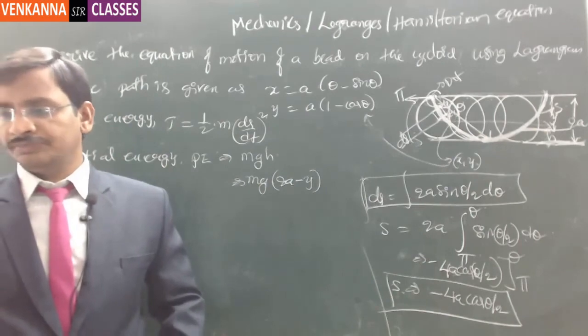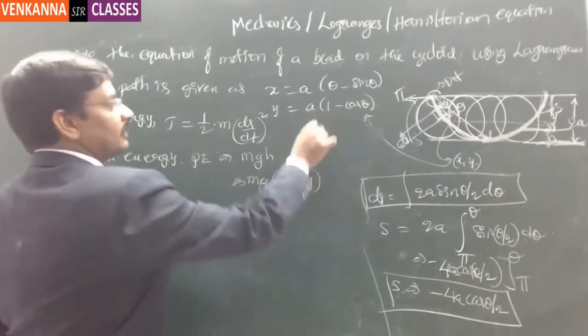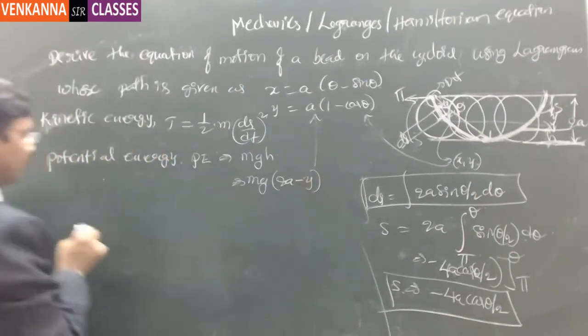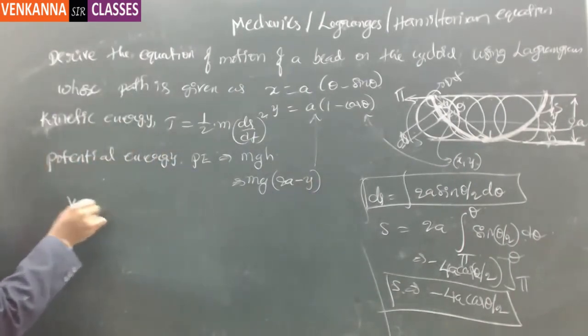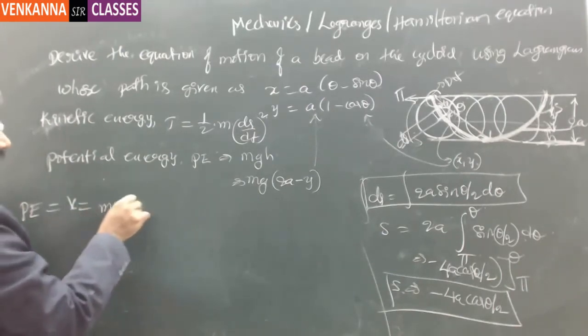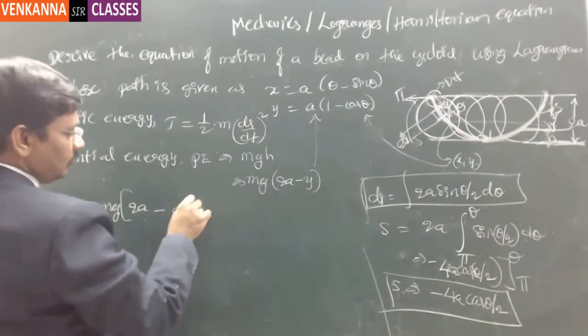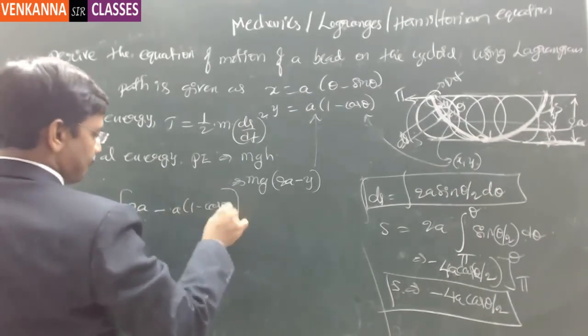Once you understand that y is given by this equation, the potential energy V is equal to mg into 2a minus y, where y is a into 1 minus cos theta.